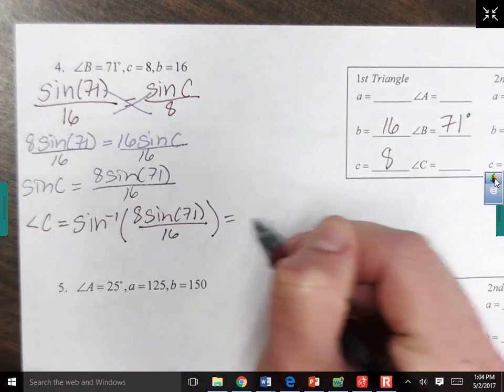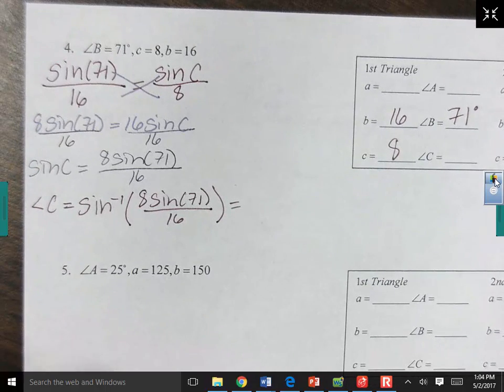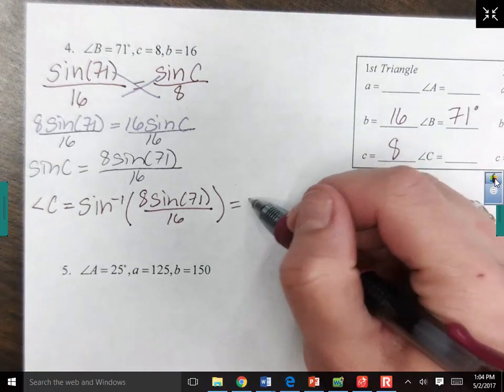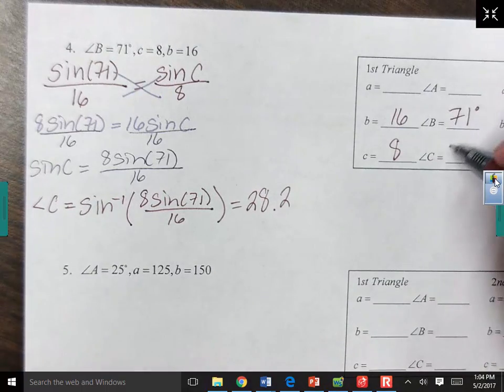And what does that give you, Alexia? Okay, so angle C is 28.2 degrees.